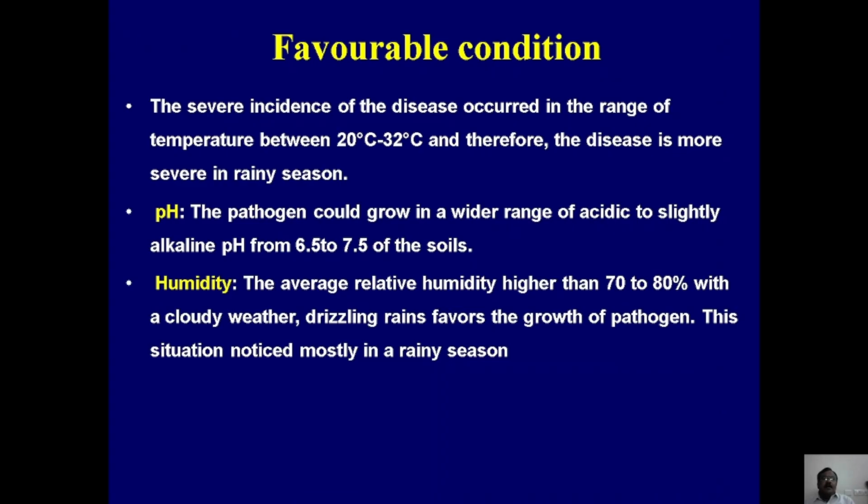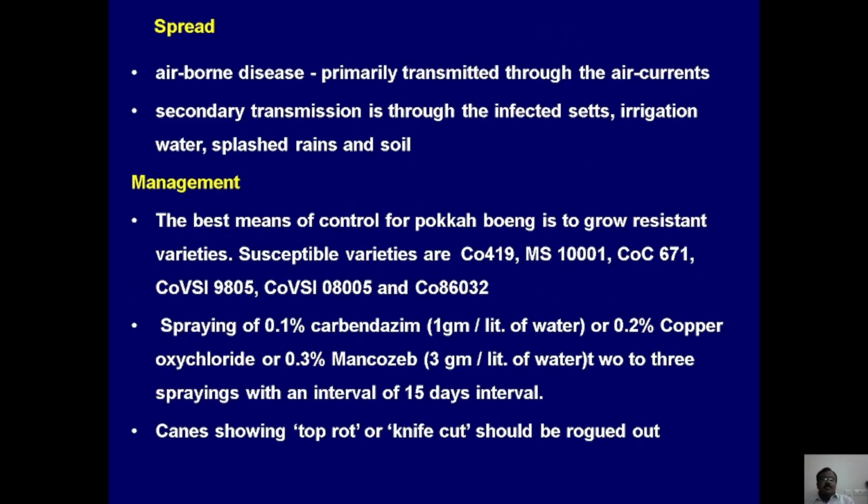And the incidence will be severe when the temperature ranges from 20 to 22 degrees Celsius, and therefore the disease is more severe during the low temperature period, which might be influenced by rainfall. A soil pH of 6.5 to 7.5 is also helpful in spreading this disease, and an average humidity of 70 to 80% or even higher, with cloudy weather and drizzling rain, is favorable for the development of this disease.